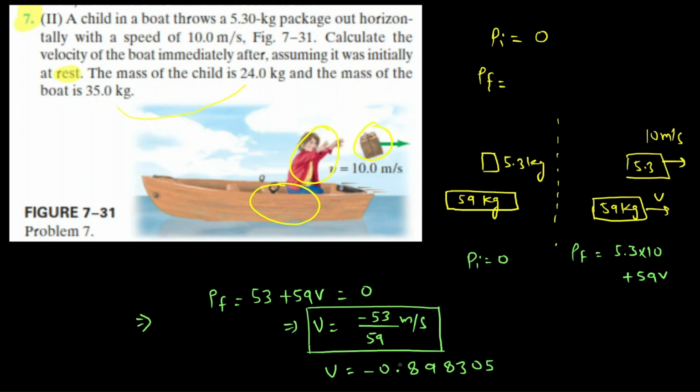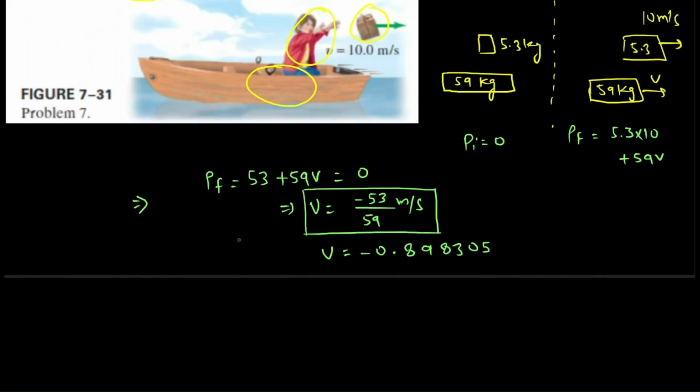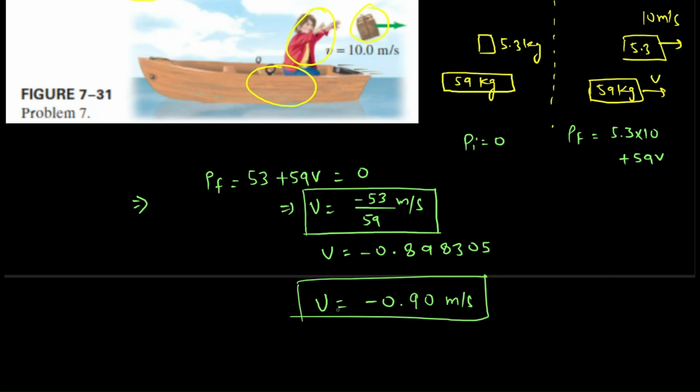Two significant places would imply negative 0.89, and rounding the 9 makes the 9 become 0 and the previous digit a 9 as well. So this will become negative 0.90 up to two significant places, and also up to two decimal places in this case.